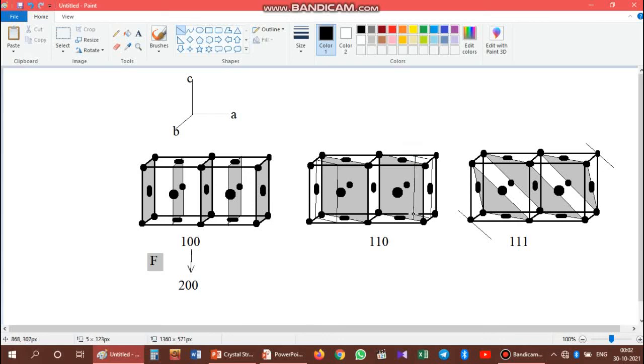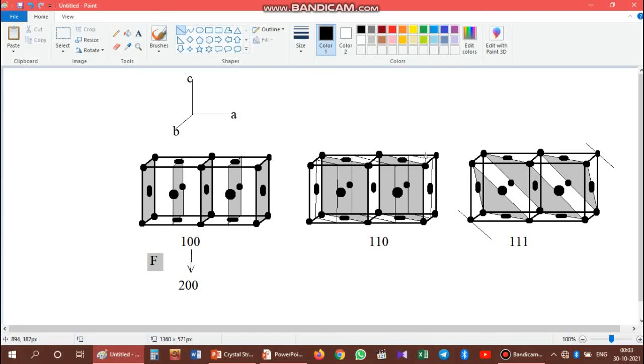Actually it will have to cover this atom, this atom, and in between here to here, here to here, here to here, and here to here, but it will have to cover this one again. That's all.